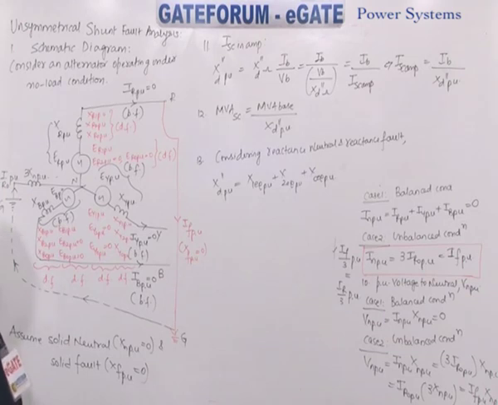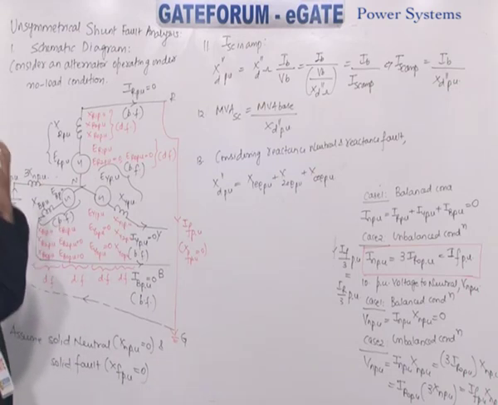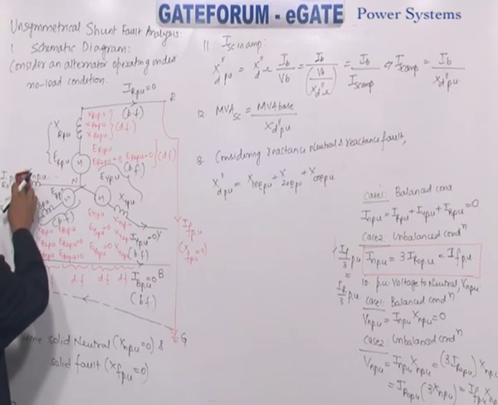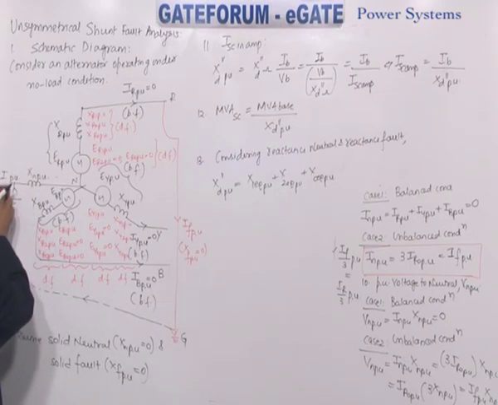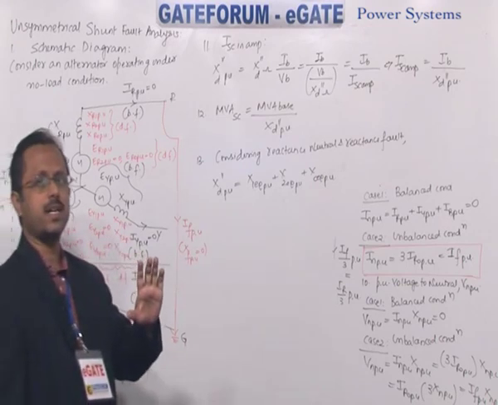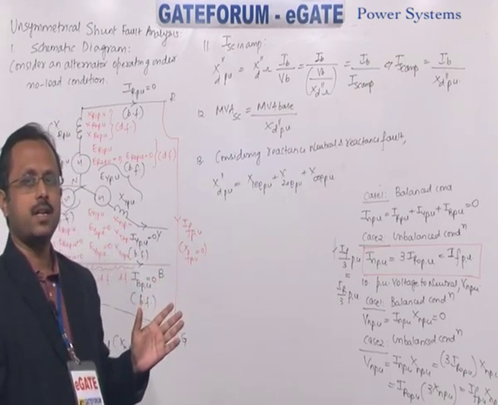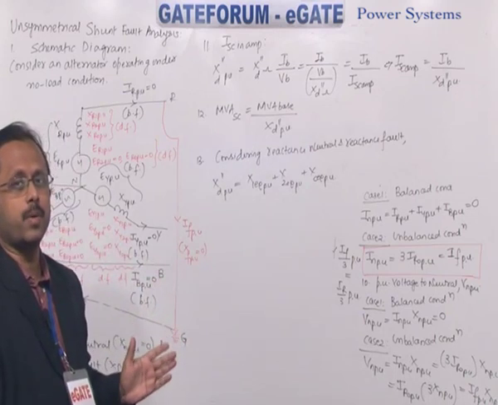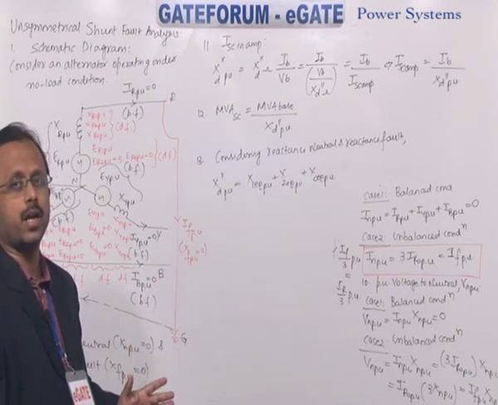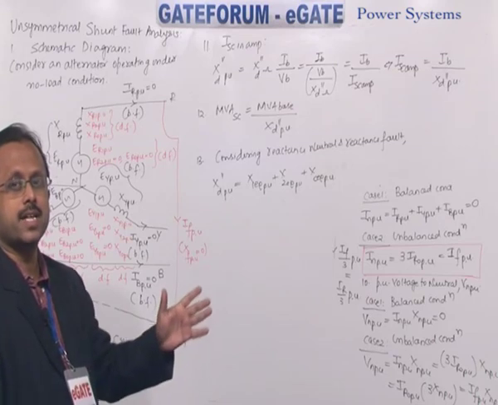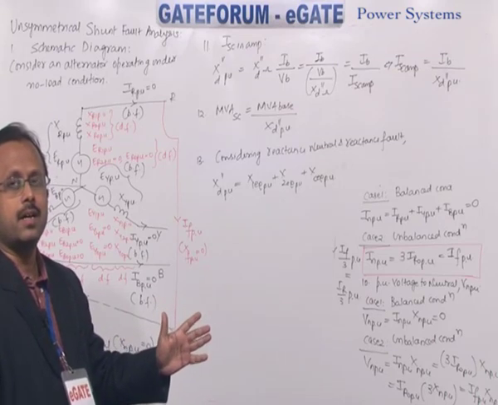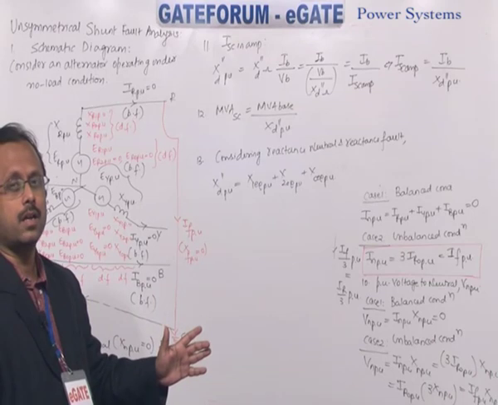IR0 per unit. Or if you write only Xn, the corresponding current should be IN. So you can represent it in either way. If you represent reactance neutral as Xn per unit, you write IN per unit. If you represent 3Xn per unit, please write IR0 per unit.